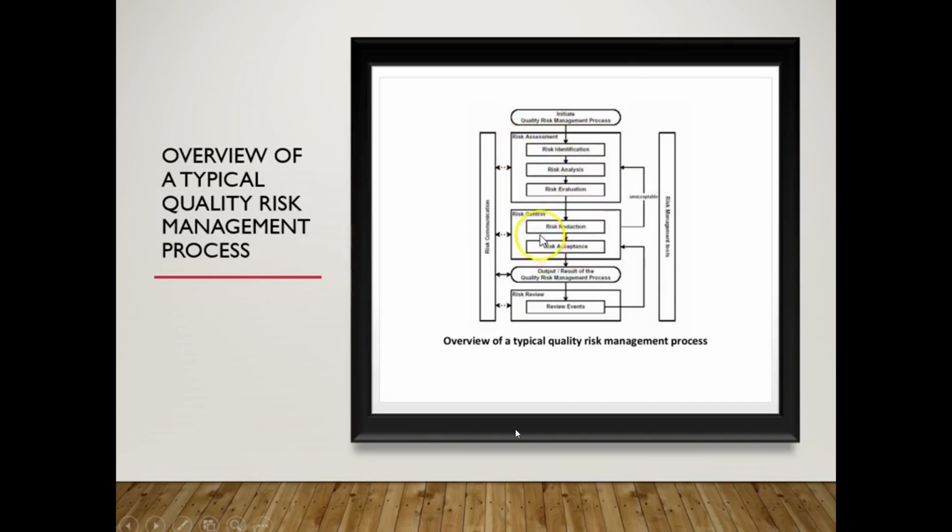This is your risk control, where you're trying to reduce those risks and consider what is an acceptable level. Your output and your risk review come once you put your CAPAs in place; you do this review to make sure that your risks are under control. And all of these processes are flanked on either side by risk communication and risk management tools. So they're important control factors on either side, which ensure that your QRM is working constantly.